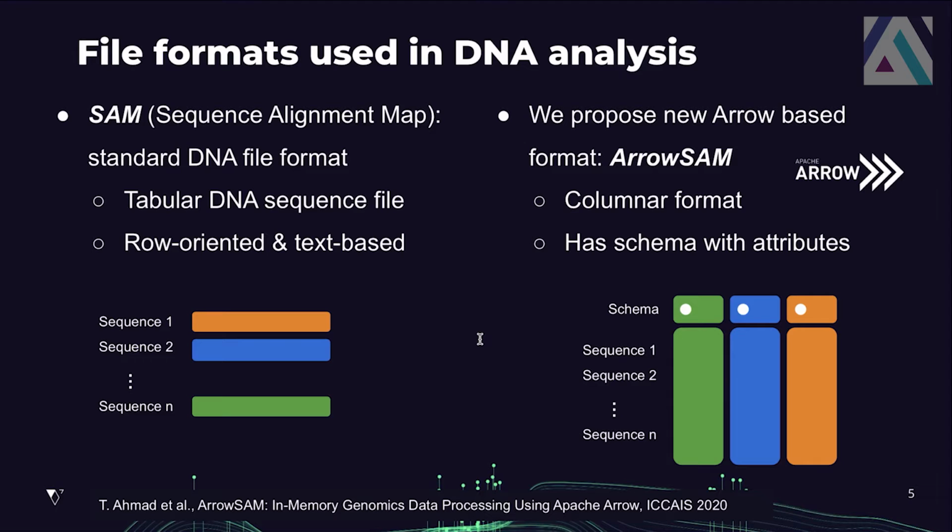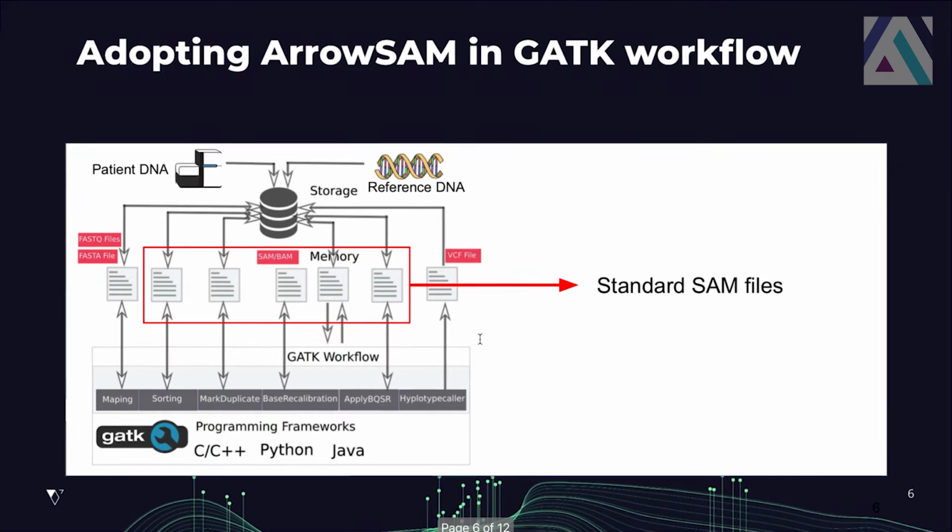We replace it with a columnar representation we call the ArrowSAM format that has a schema to allow you to access specific fields in the file without having to access the whole file in order to read the data included within it. And then we use this ArrowSAM format to modify the GATK workflow so that it benefits from the available characteristics of the Apache Arrow project.